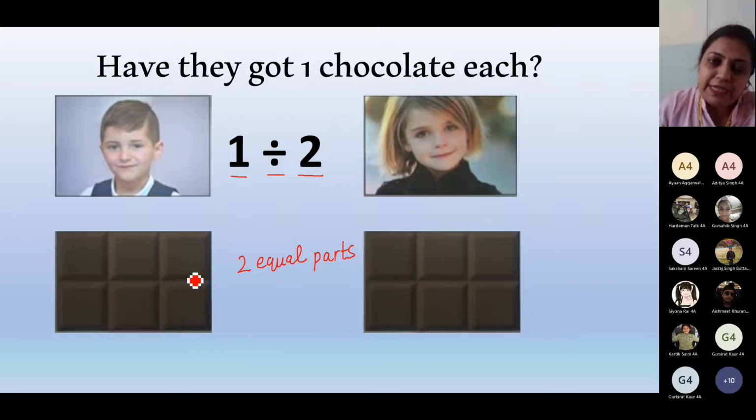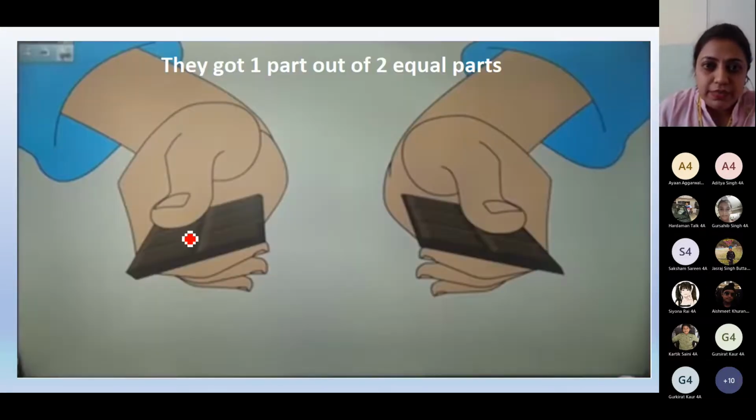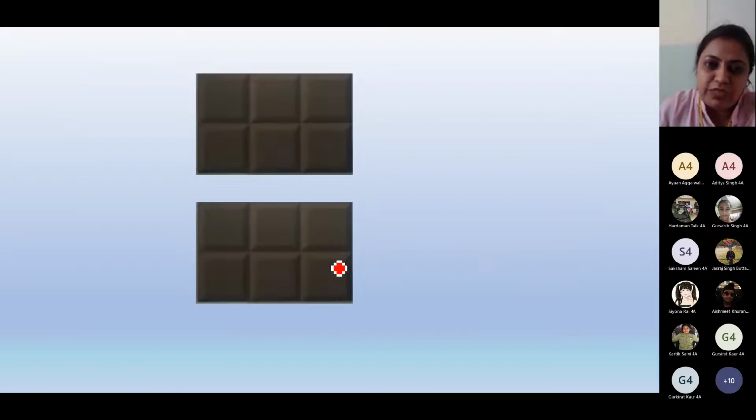So can we say that Abir got 1 chocolate? Or can we say that his sister got 1 chocolate? No, we can't say that. Both of them got a part of the chocolate. So these 2 equal parts will be represented in mathematics in the form of fractions.